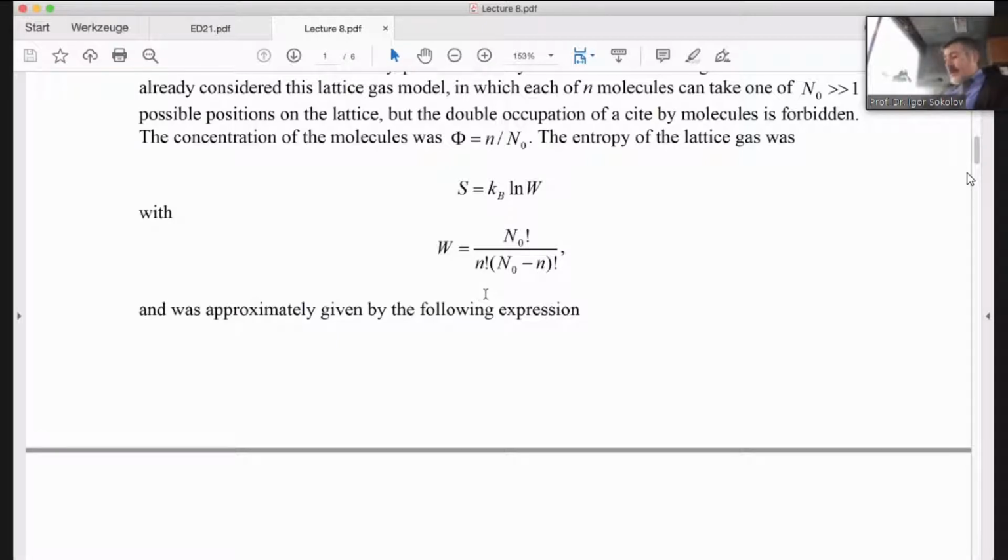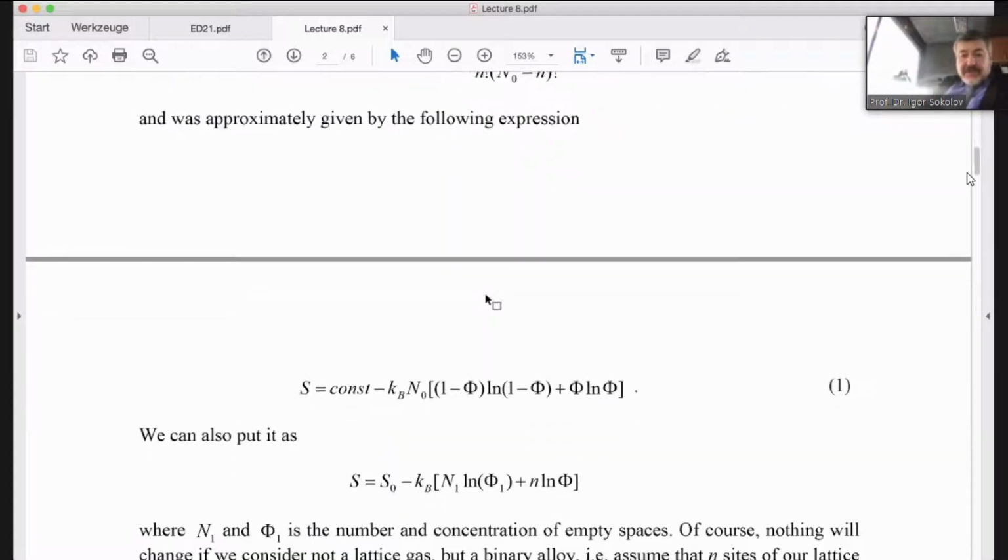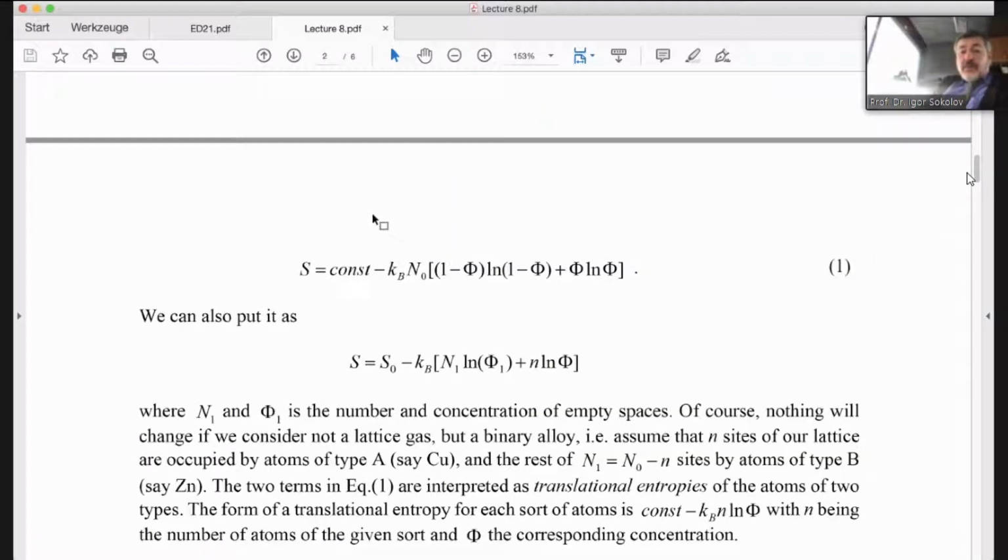Because gold is, you know, expensive and copper is cheap. Not so cheap, but still. So I know the entropy in the lowest relevant approximation. I simply already know that to calculate the thermodynamic entropy, I don't need the higher terms or the higher corrections stemming from the Stirling formula.